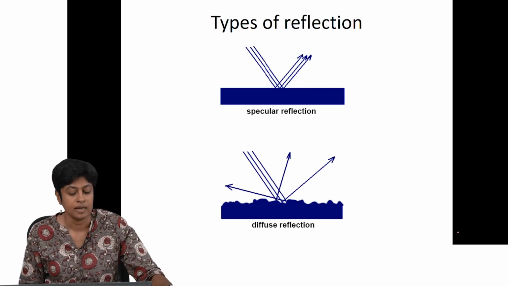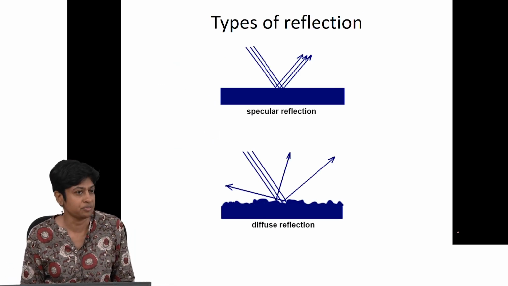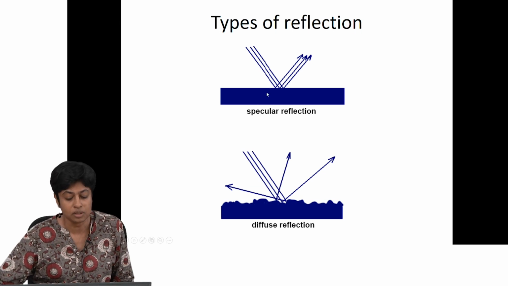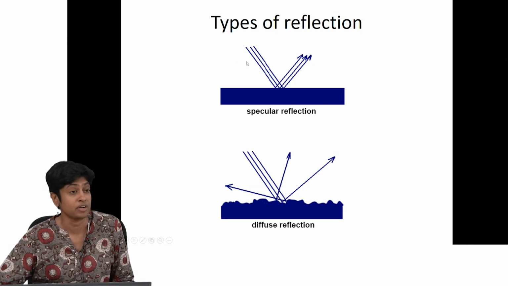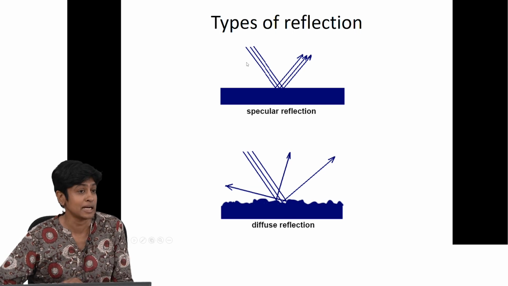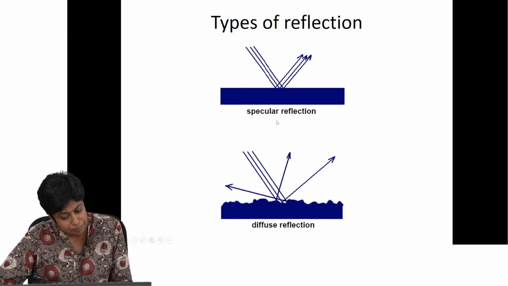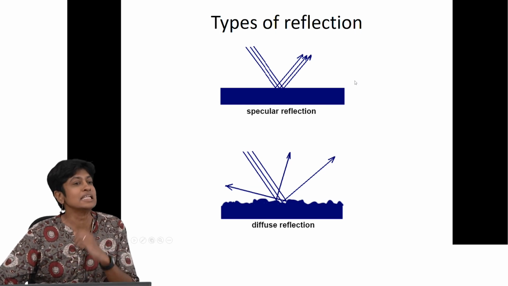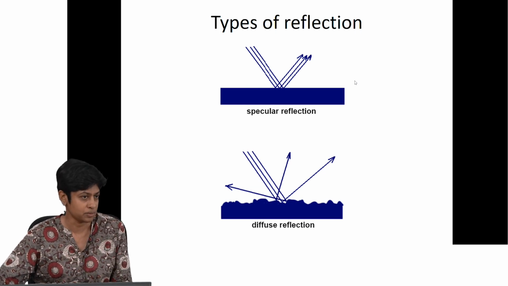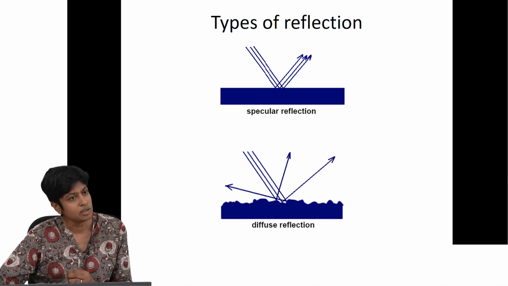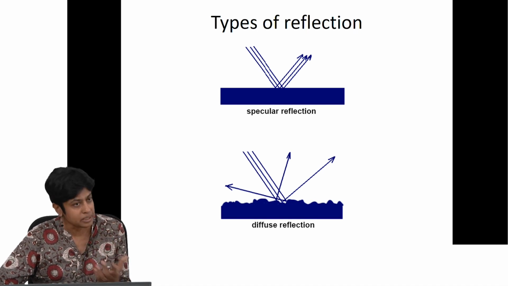Okay? Now, when we talk about reflection, I can talk about very clean and neat reflection. All reflection will follow Snell's law, but from specular reflection, you can easily see that Snell's law is being followed. Specular reflection is a reflection you see from a mirror.